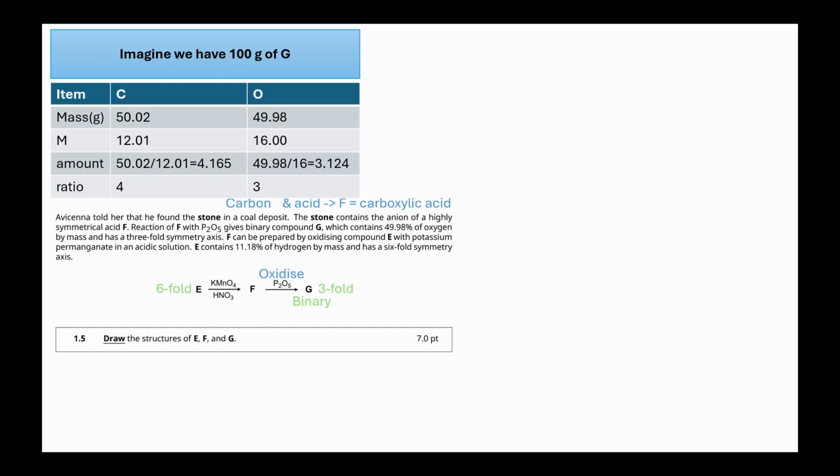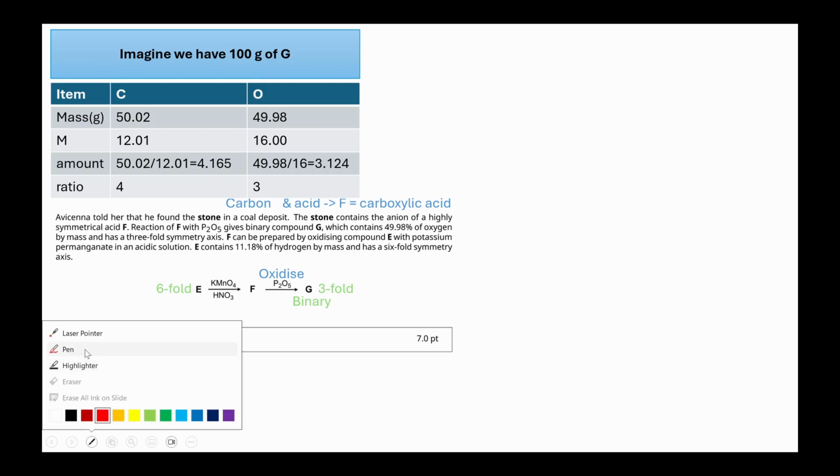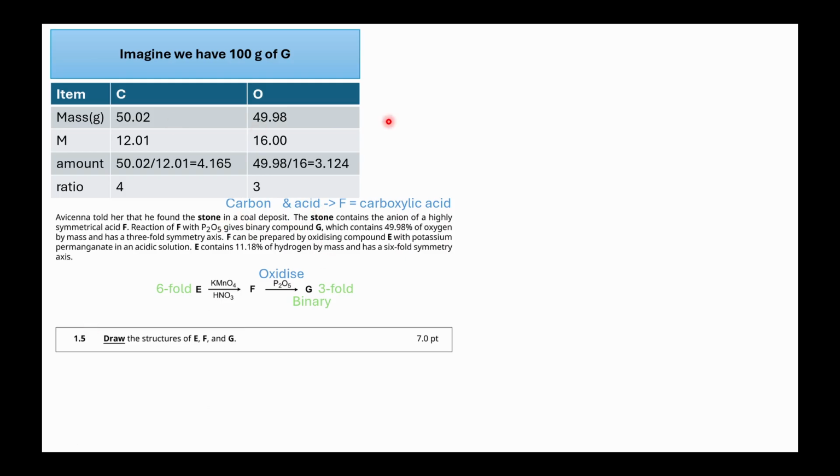So we have the mass from the percentage. Oh, actually, that's not our starting assumption, because remember, G is binary. So we know that it only contains carbon and oxygen. Oh, that makes our life so much easier. I even wrote it down just now. I just kind of forgot when going through the slides.